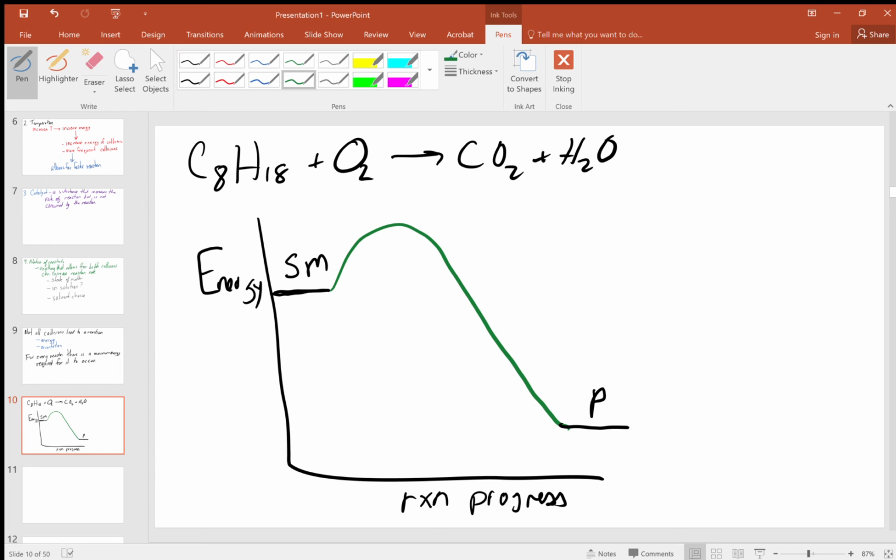But notice, we can talk about a difference in energy between the starting materials and products. And notice in this case, the energy of the starting material is greater than the energy of the products. That means the reaction is giving off energy or is exothermic. And probably the most straightforward example of an exothermic reaction is combustion.